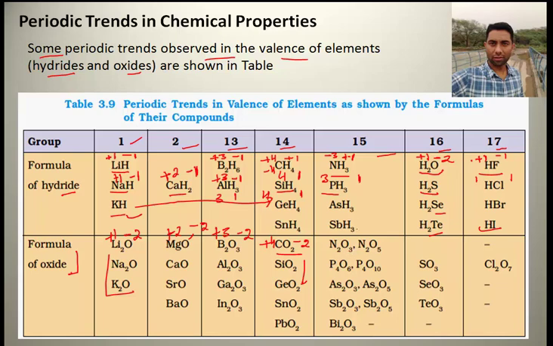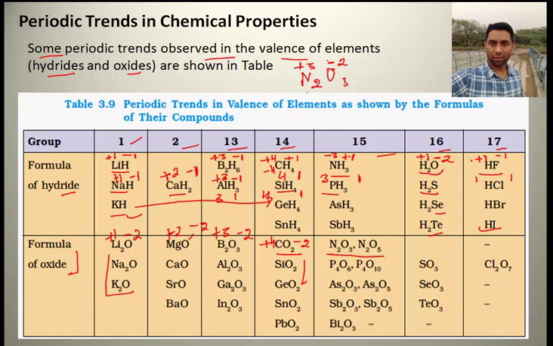Now this is interesting, oxides of group 15. Two oxidation states, or two types of valence, are shown by group 15 elements. Take N2O3, I'm going to write it here. In N2O3, nitrogen will have +3 oxidation state because oxygen is more electronegative, and oxygen will show -2 oxidation state.